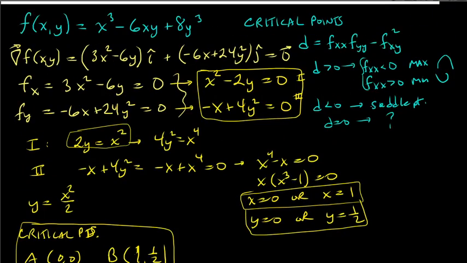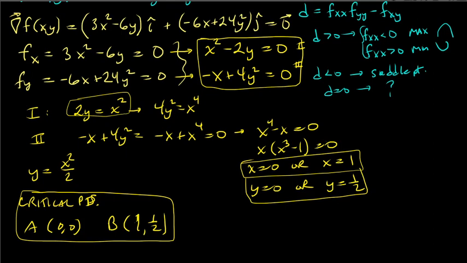We need the second derivatives, right? We took the first derivatives. How about the second derivative? So fxx is going to be what? It's going to be 6x minus 0, right? So just 6x. fxy is going to be negative 6. And fyy, the second y partial derivative, is going to be 48 times y.